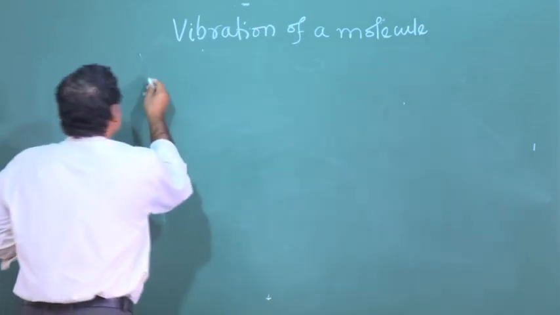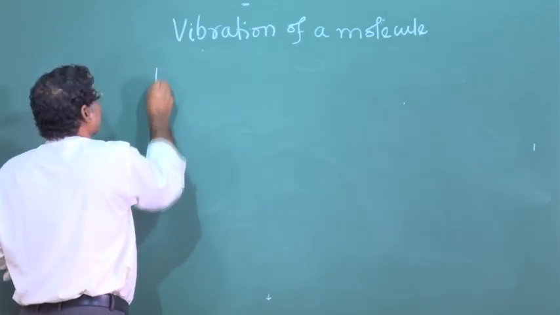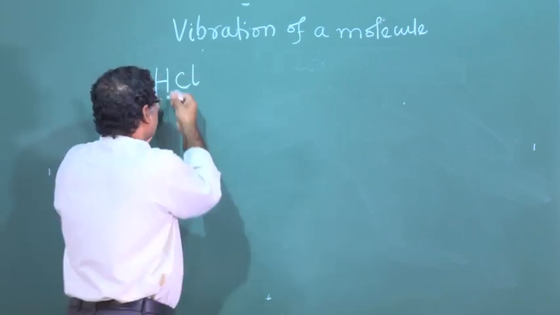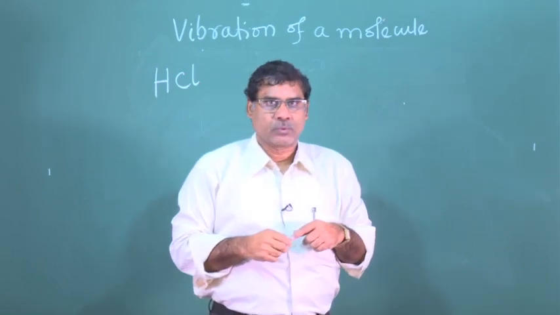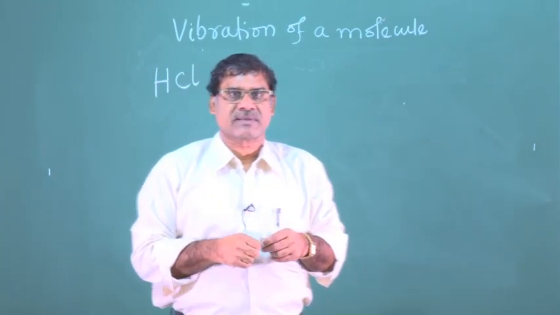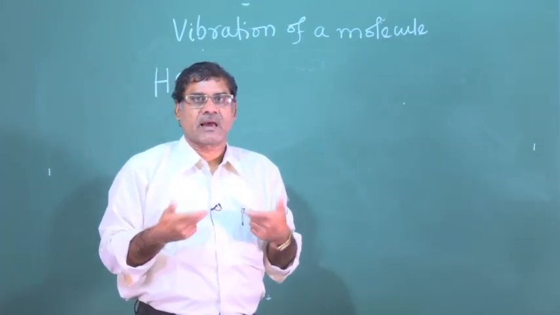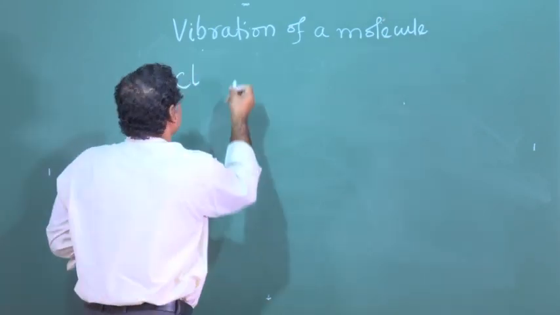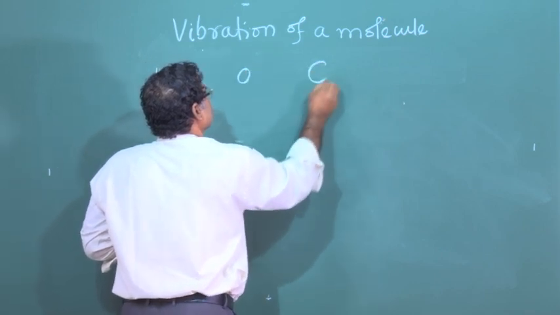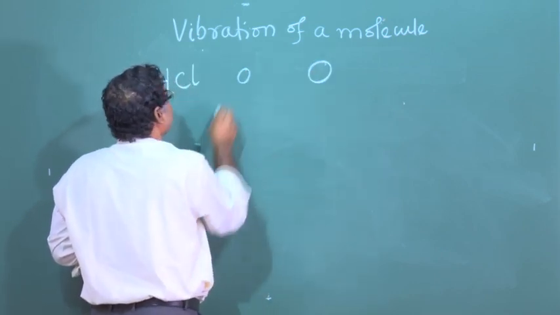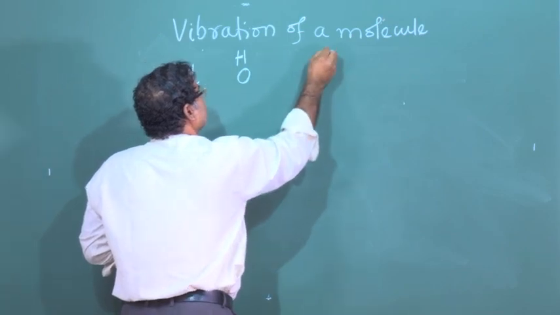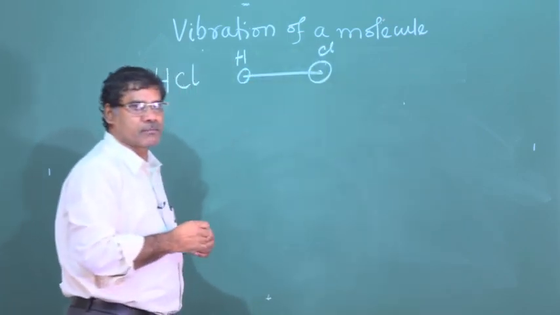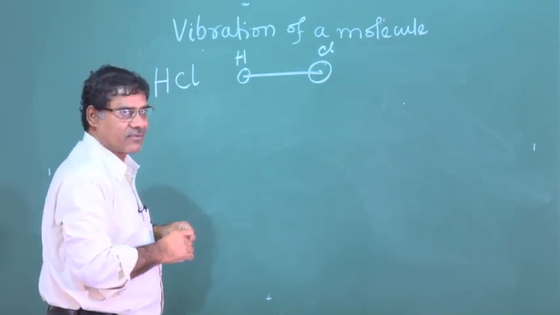Like this, we have seen in the case of hydrogen chloride. These two heterogeneous nuclei have a permanent dipole moment. So, this hydrogen and chlorine has a permanent dipole moment, so it is infrared active.